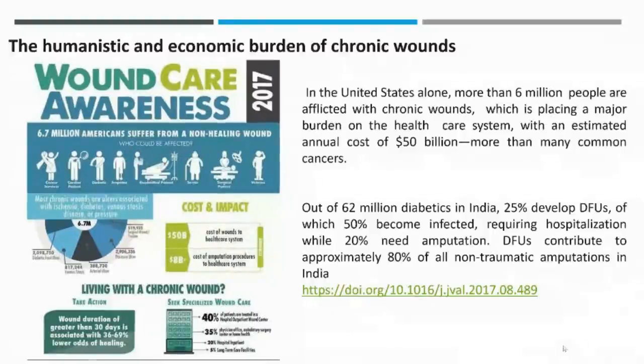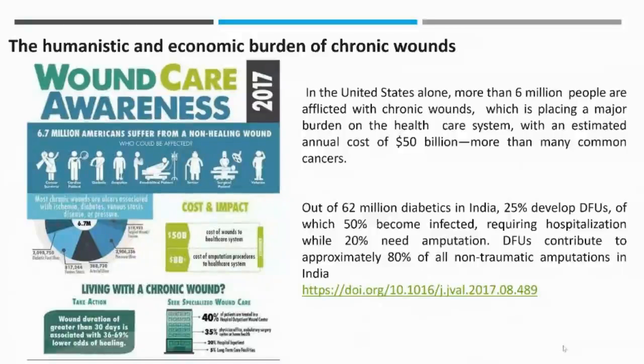And Indian statistics are also not far from this. We have an increasing burden with a newly diagnosed diabetic population as well. And India ranks second, if I am correct. I think China goes first, and India ranks second in the number of diabetic individuals.